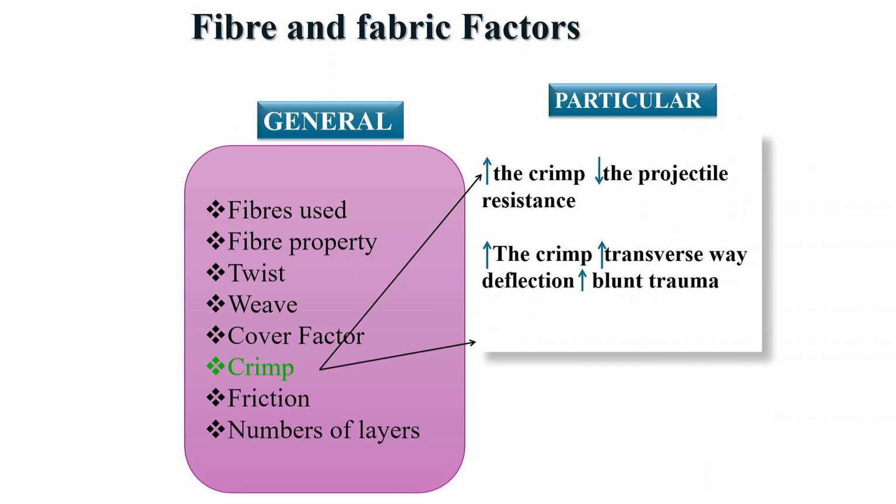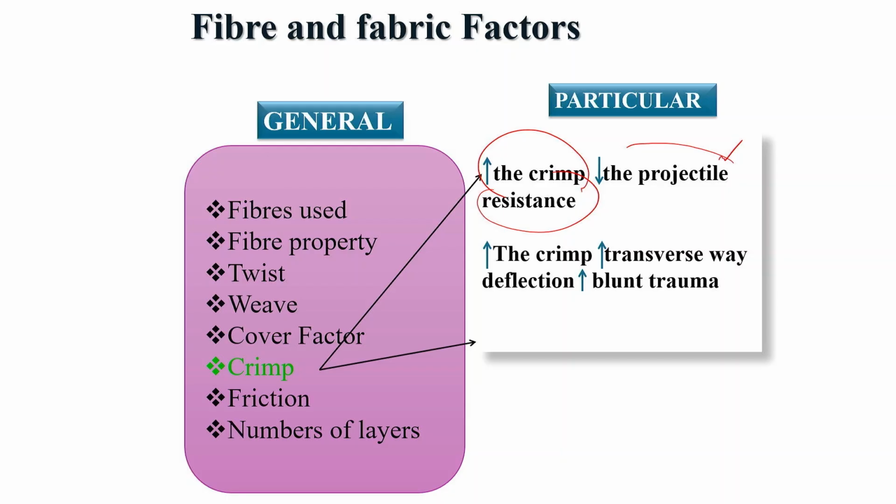Ideally there should not be any crimp if we want to utilize the yarn or fiber characteristics to a greater extent. With higher crimp, the projectile resistance will be low. As the crimp increases, the projectile resistance will be lower.